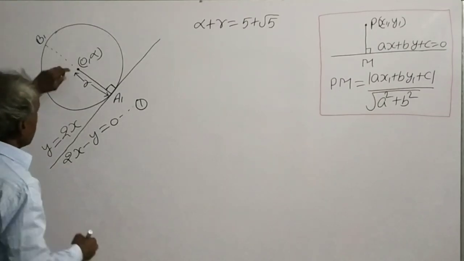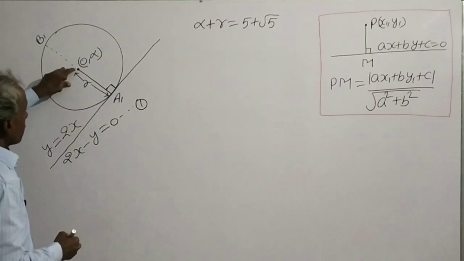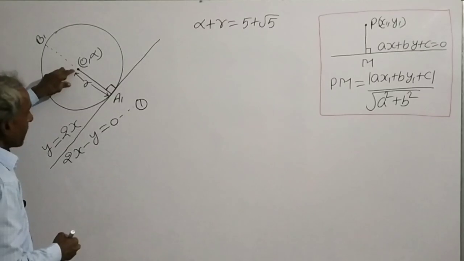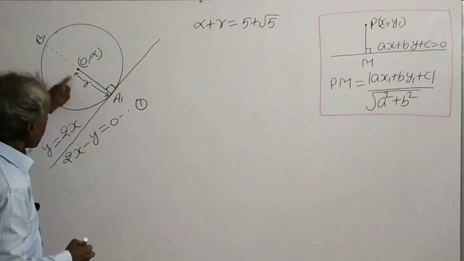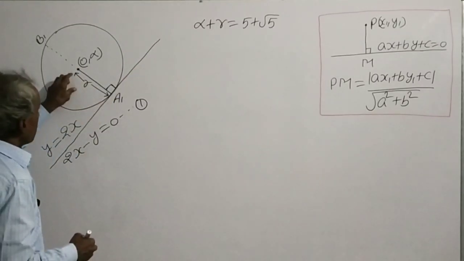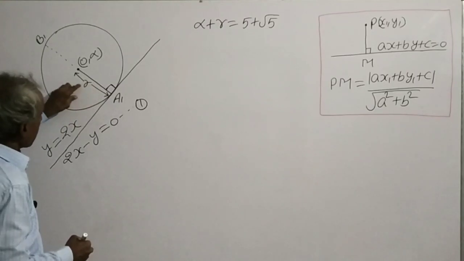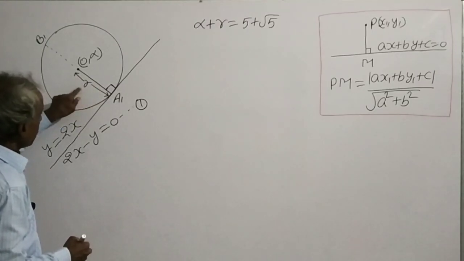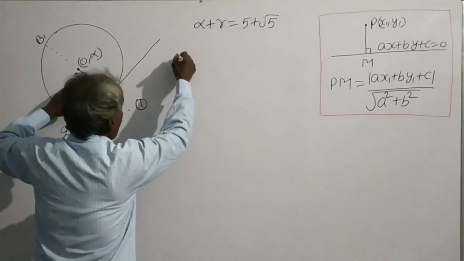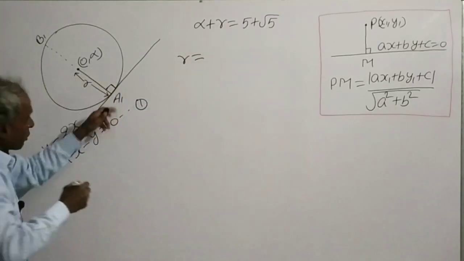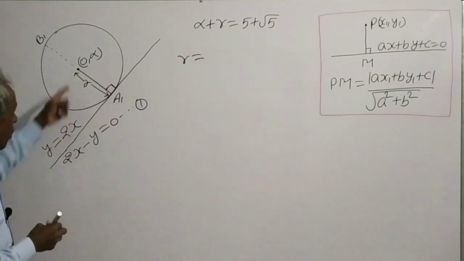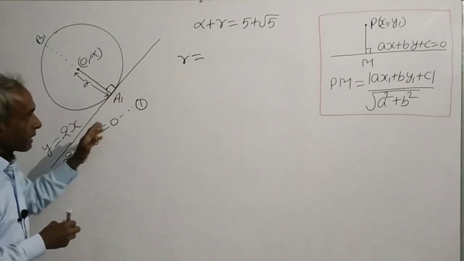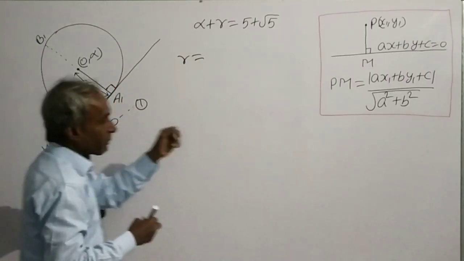Since the perpendicular drawn from this center to this line, the length of the perpendicular will be equal to the radius of this circle. That means r will be equal to the length of the perpendicular drawn from the center to this line.